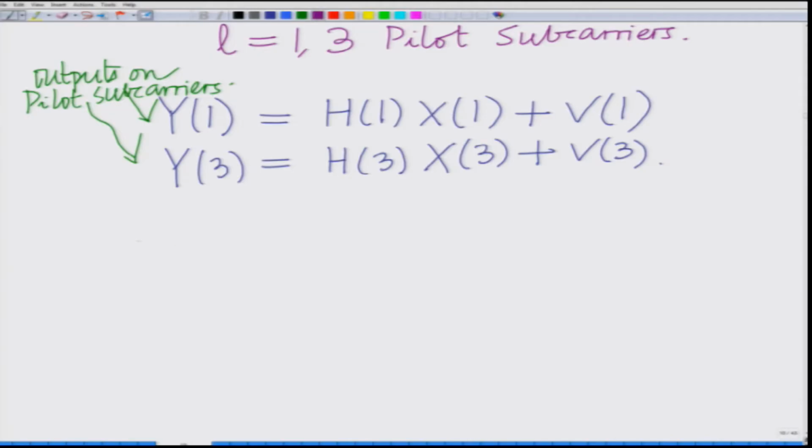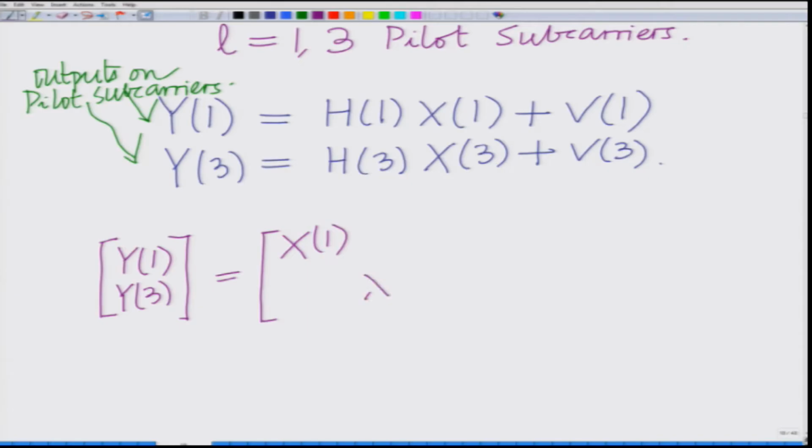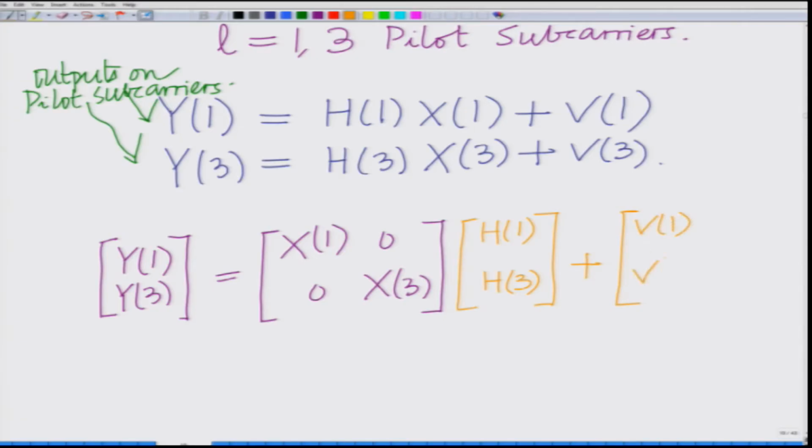Now, writing it in matrix form, I can write it again similar to what we did previously for OFDM. This is Y1, Y3 equals the matrix with X1, X3 times H1, H3 plus the noise vector V1, V3.